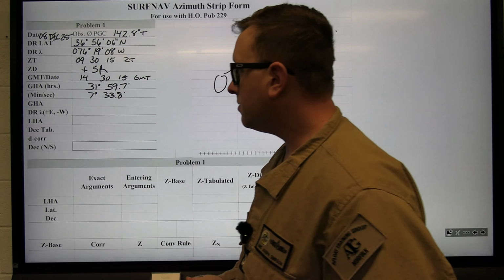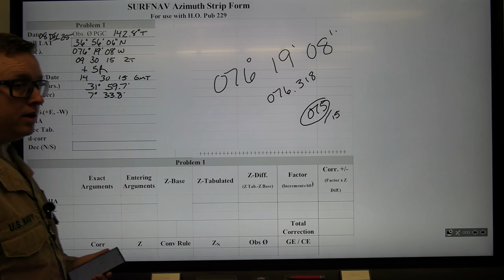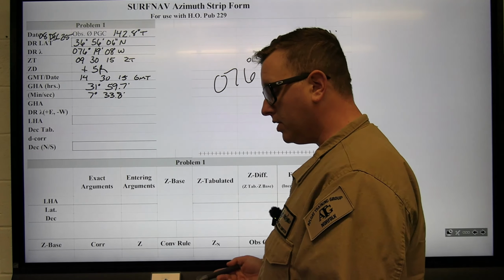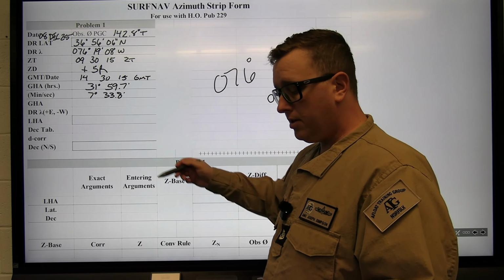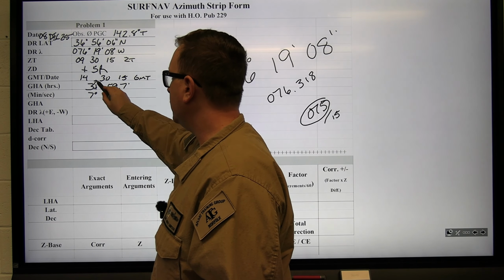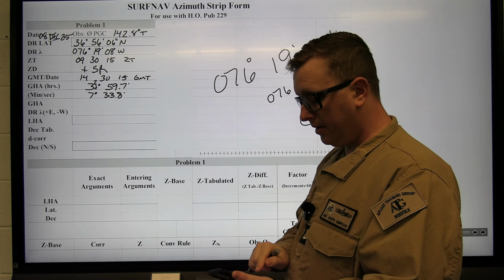It's always adding. Now this might be simple math for everybody, but I always use a calculator to make sure. 59.7 plus 33.8, you get 93.5. Obviously you can have over 60 minutes, so we're going to subtract 60 and add 1 to the degrees, making this 32, or you could have added it to the 7, it doesn't matter.